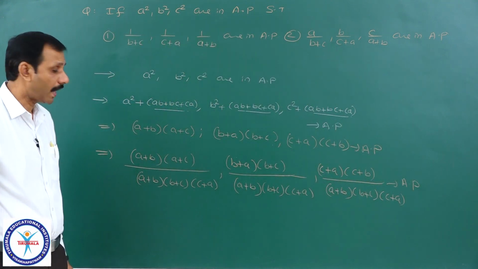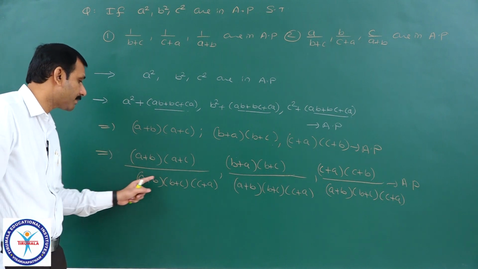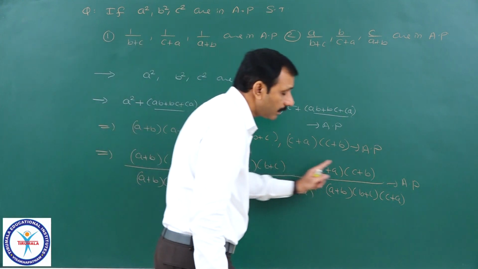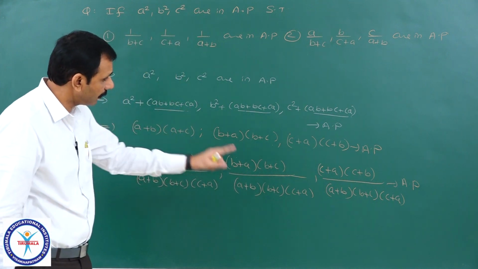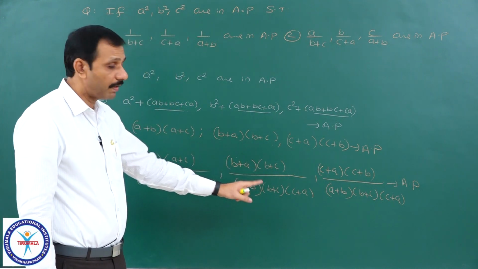Why? Because now I multiplied with 1 by A plus B, B plus C, C plus A, all the three terms. Still the resulting, these three terms will form an AP only.